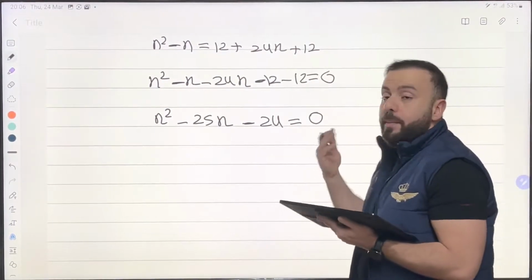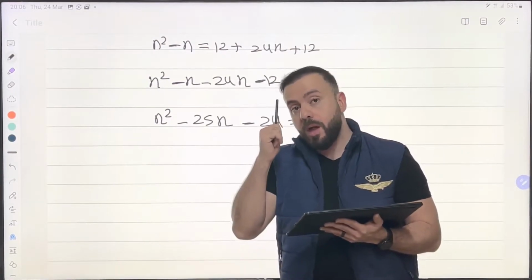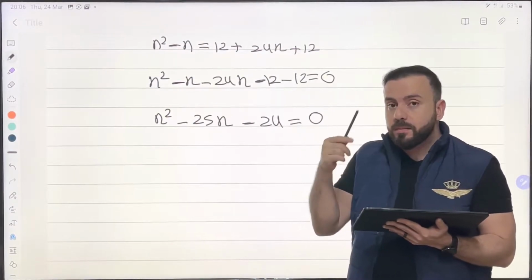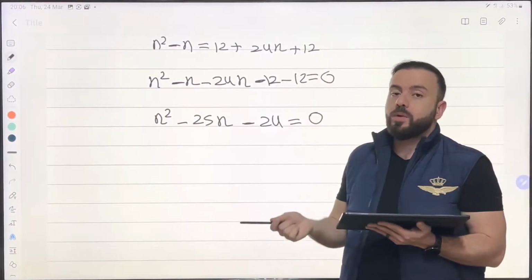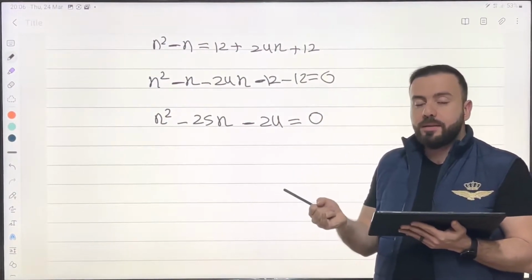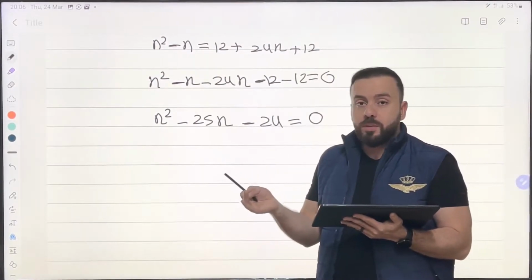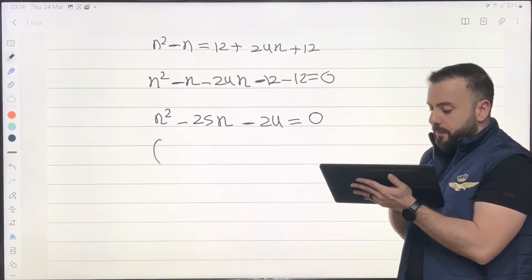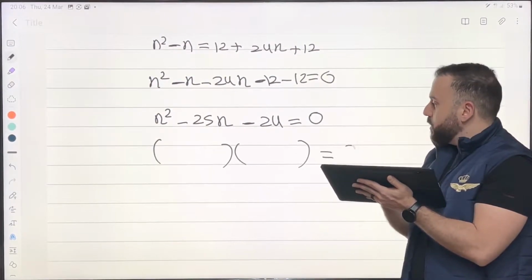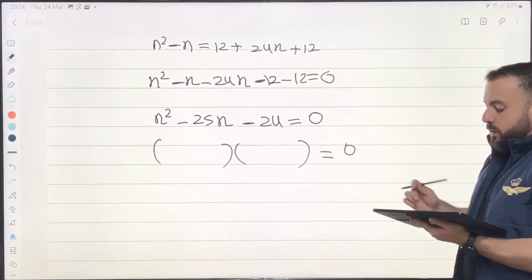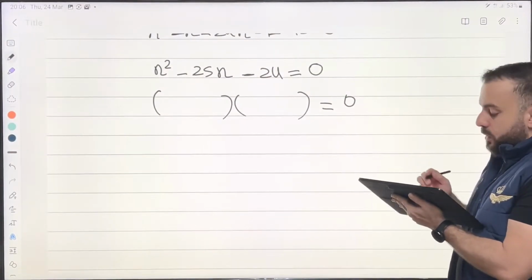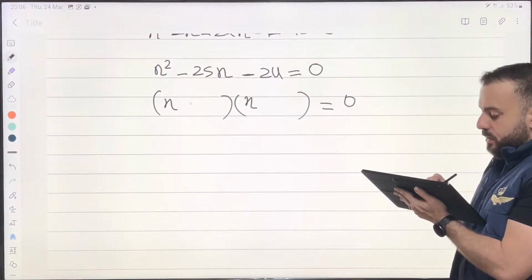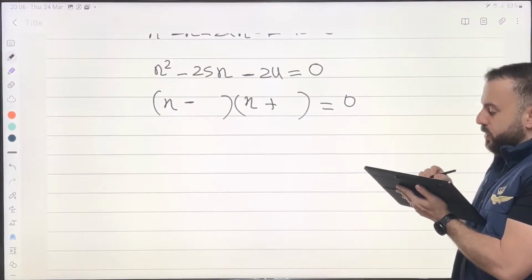Okay? Going back to factorization, how we can factorize this? Think. What do you think? You can use calculator, you can use factorization method, standard way. Check this. Open bracket, equals 0. Okay, so in this case, it's n. The first sign comes as it is. Negative times negative, positive.